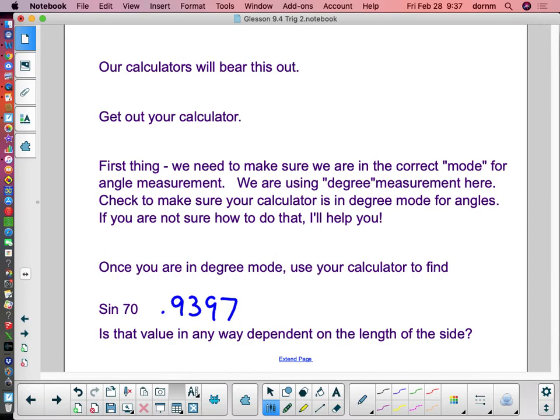That means for every right triangle, if I take the ratio of the opposite over the hypotenuse with a 70-degree angle as my perspective, that ratio will always reduce to 0.9397. So if I have a right triangle with a 70-degree angle and that's my perspective, the ratio of opposite over hypotenuse, sine, always is 0.9397.